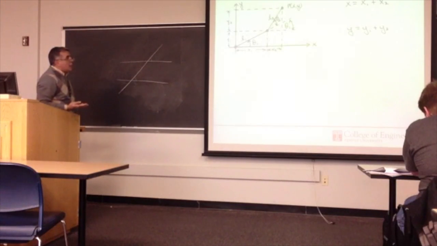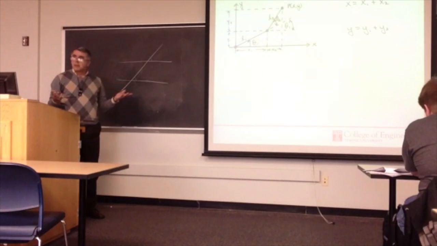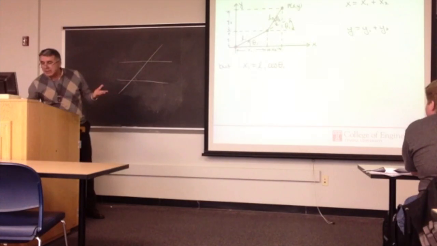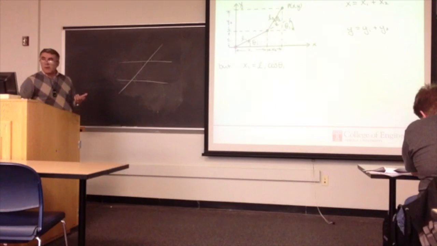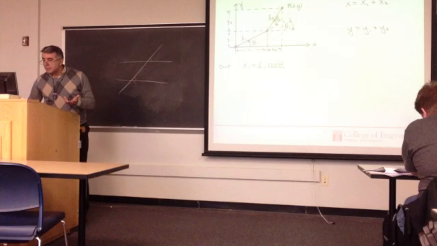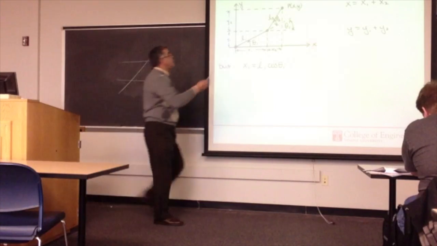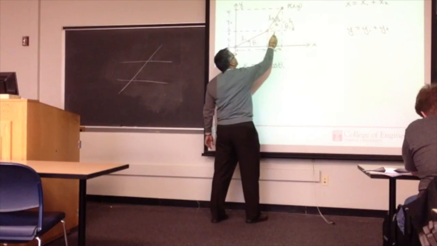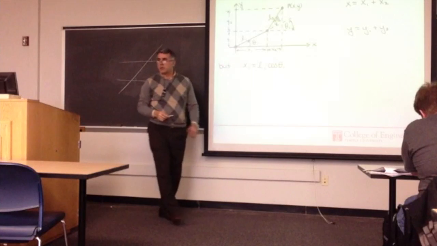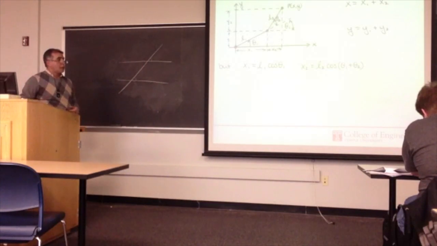But what is x1? That's right. x1 is L1 cos theta 1. And what about x2? Look at this triangle. This angle is theta 1 plus theta 2. There you are.